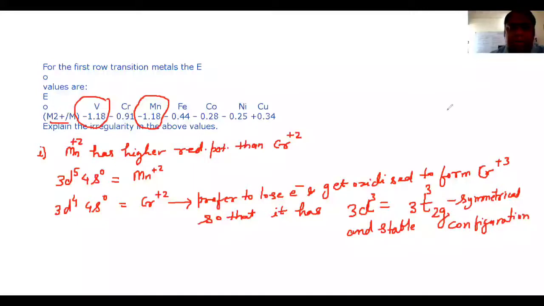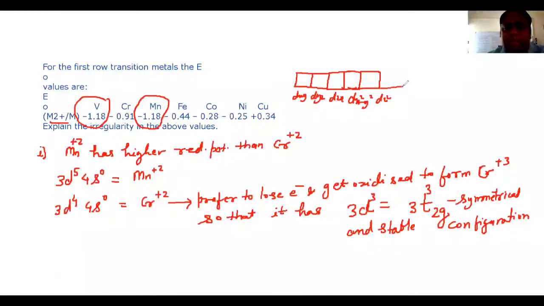Please recall that when these ions are formed, then in the presence of any anion, the d orbitals split into two parts. These are dxy, dyz, dzx, dx square minus y square, and dz square.